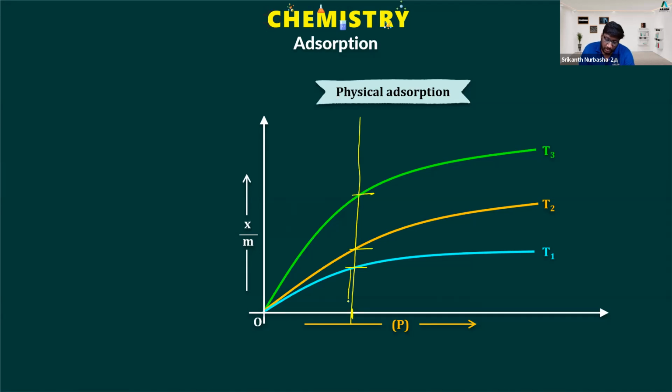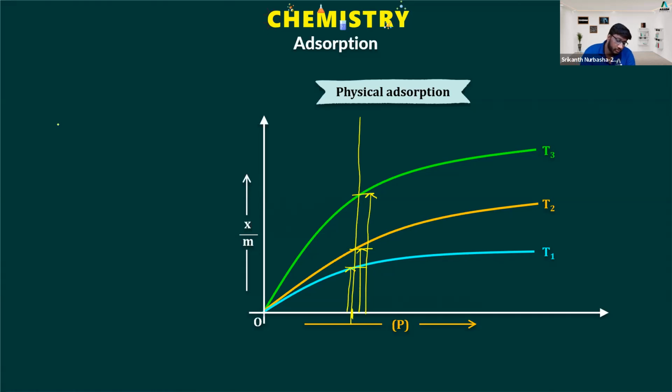This is the extent of adsorption at pressure P at temperature T1, this is the extent at pressure P for T2, and this is the extent at pressure P for T3, where the extent of adsorption is higher.